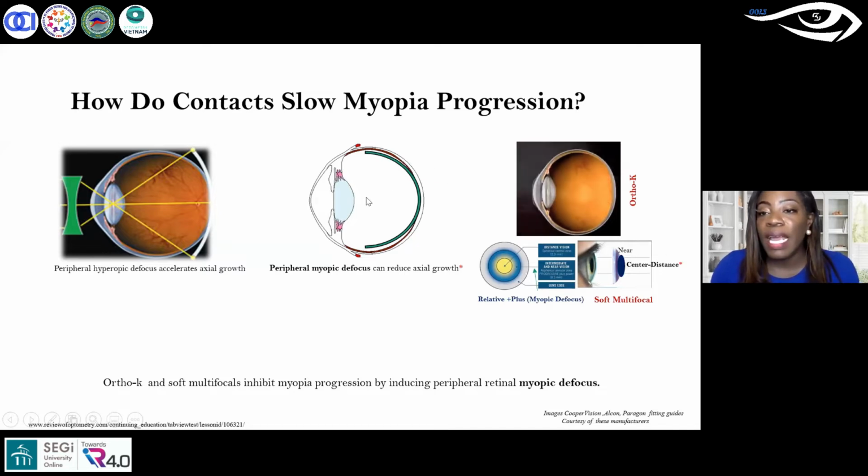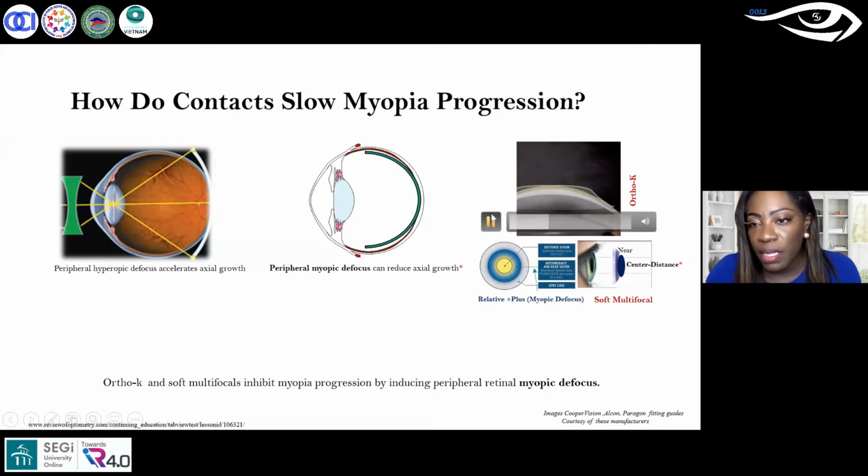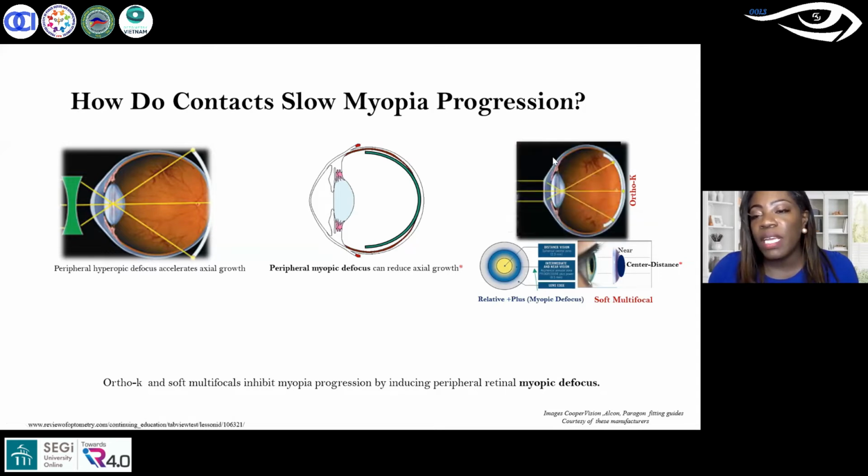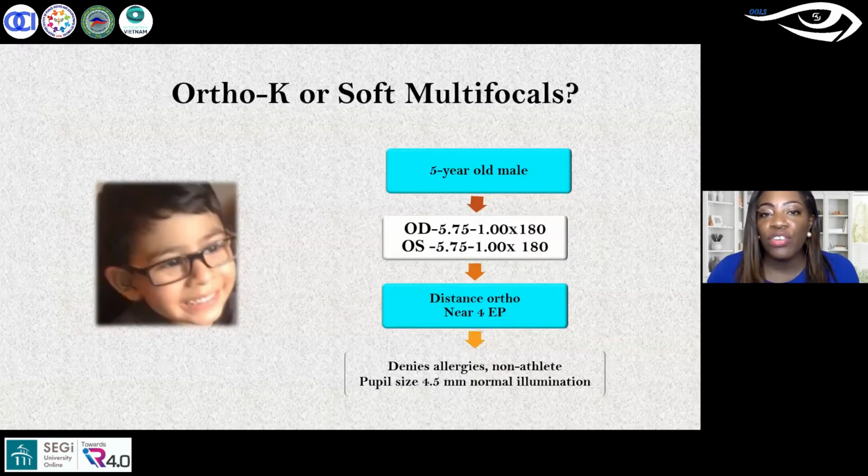So with ortho-K lenses, as we're changing the shape of the cornea and causing the epithelial cells to move out into the periphery here, this causes this myopic defocus and as such doesn't stimulate axial elongation. Similarly, with soft multifocal lenses, there's this relative plus here that causes this myopic defocus and as such also doesn't stimulate the eye to grow.